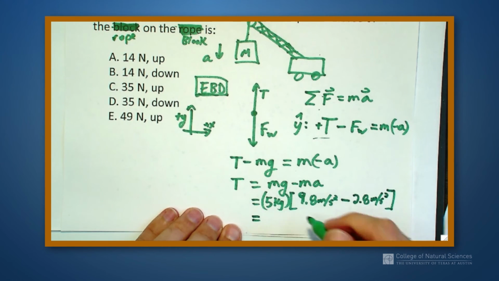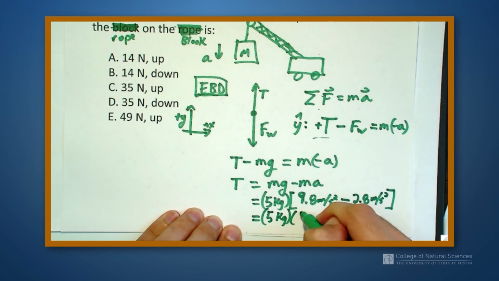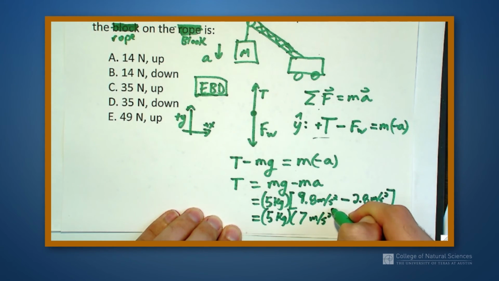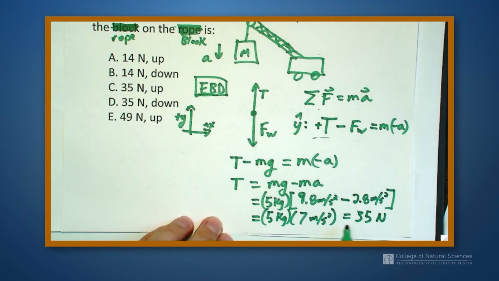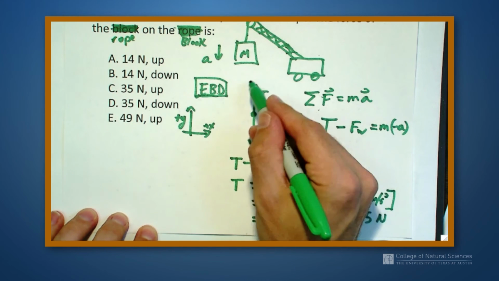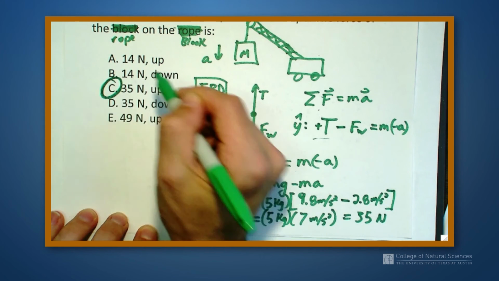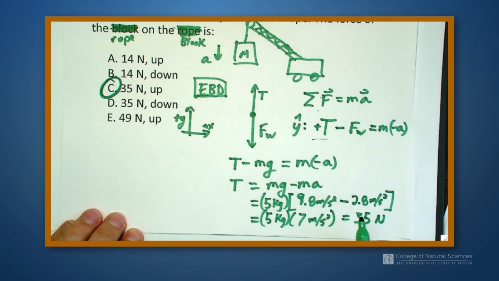If I plug in, this is 5 kilograms times 7 meters per second squared, which gives me 35 newtons. Kilogram meter per second squared is a newton, so the units work out. So 35 newtons, and we can see from our picture it points in the upward direction. So our tension in the string pulls up at 35 newtons.